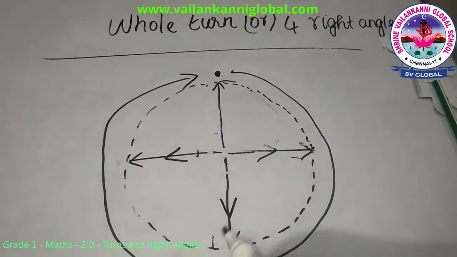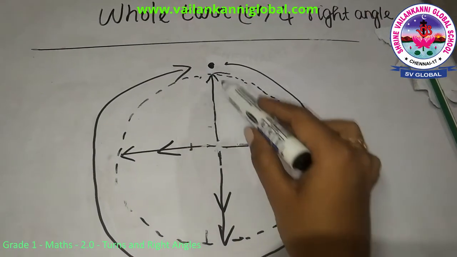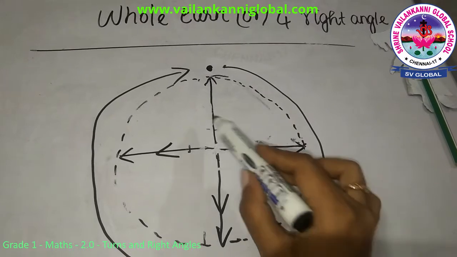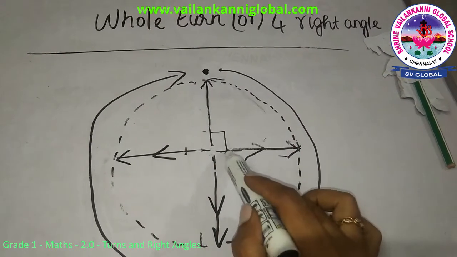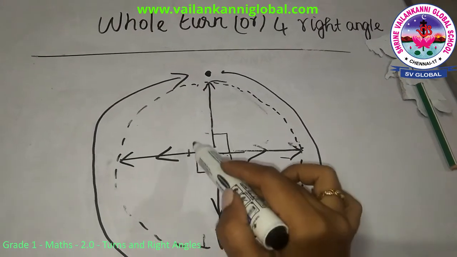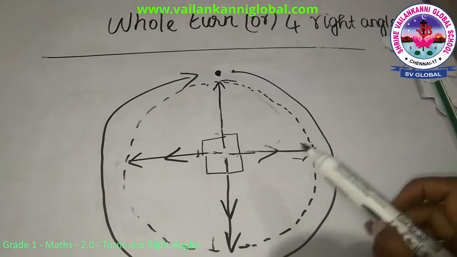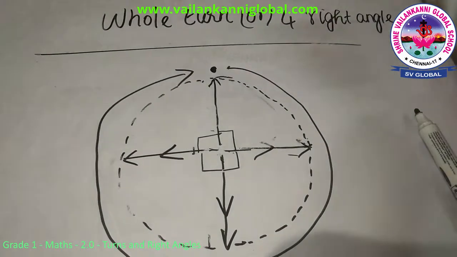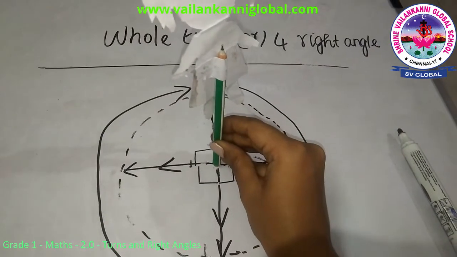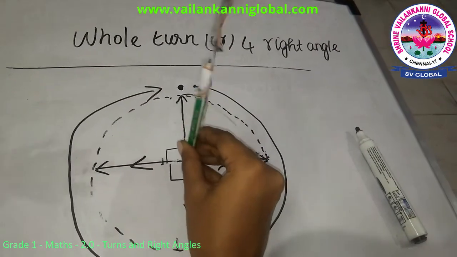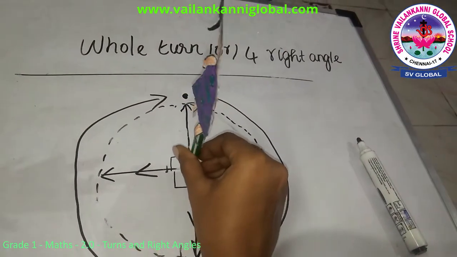So this is the whole turn, or we can call it 4 right angles. Why 4 right angles? She has crossed this one right angle and this one right angle and this one right angle and this one right angle. She has made 4 right angles or a whole turn. So she made it this way. So this is 1, this is 2 and this is 3 and this is 4.